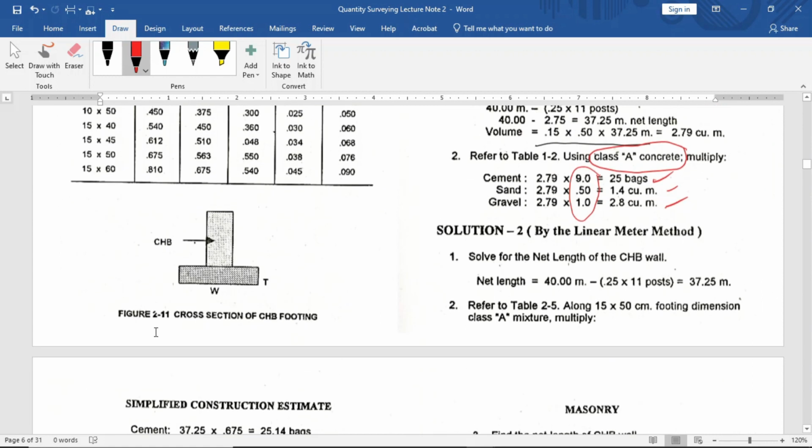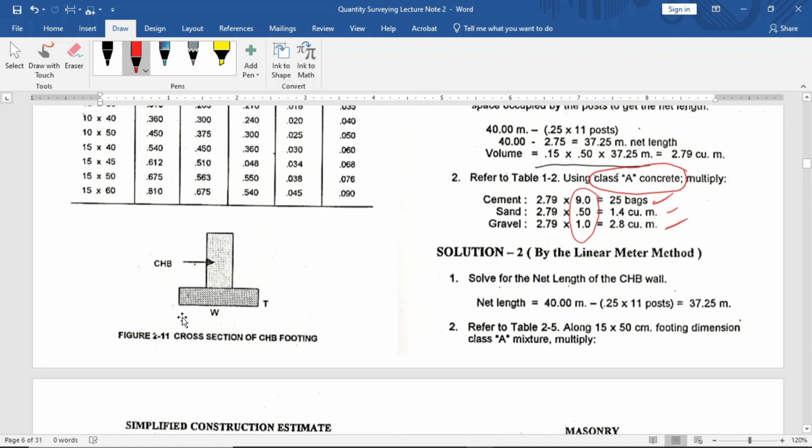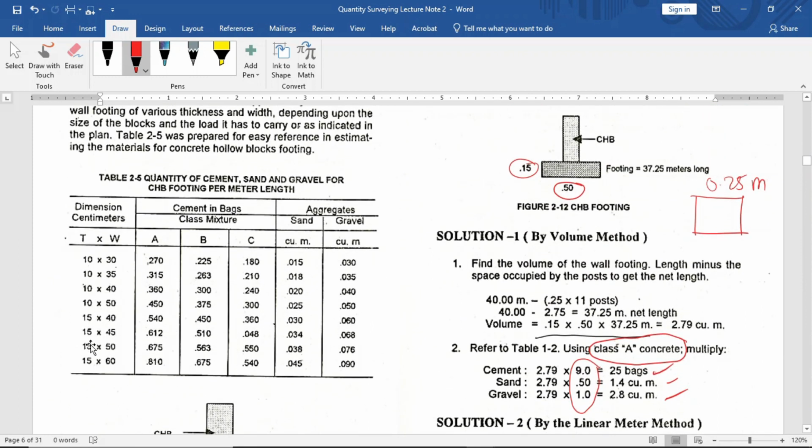Ano yung dimensional natin? 0.15 by 50, Class A. Yan yung mga multiplier natin.